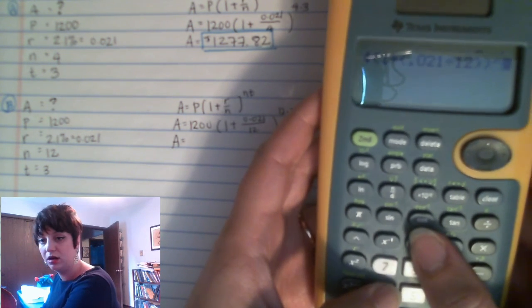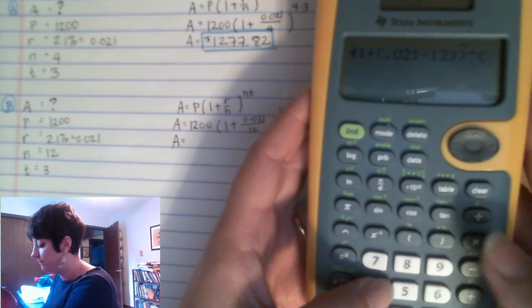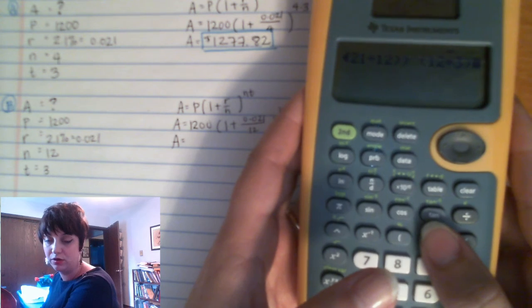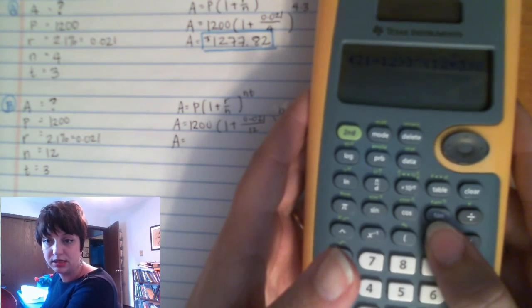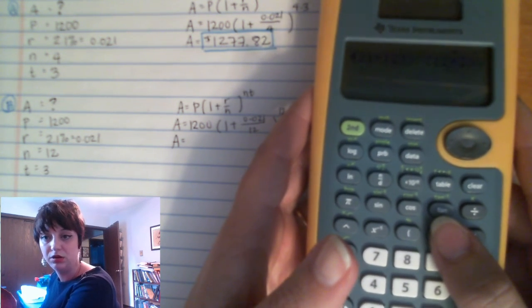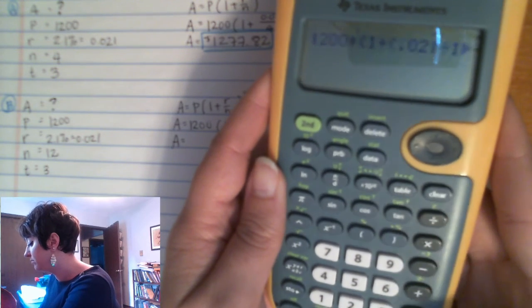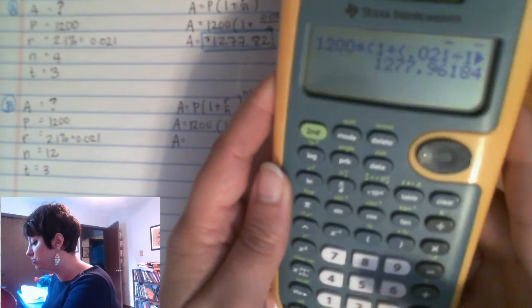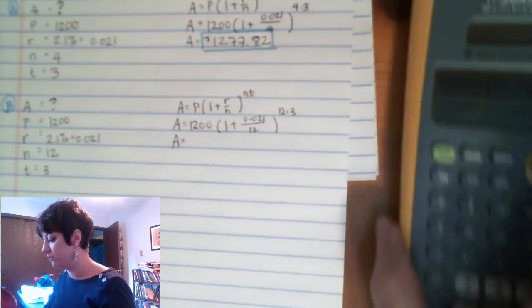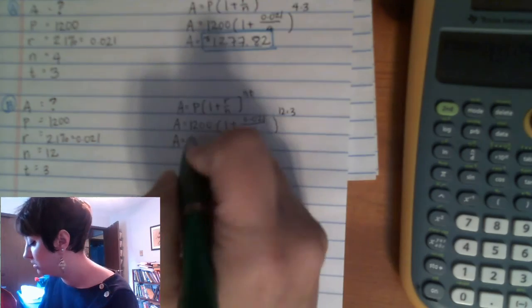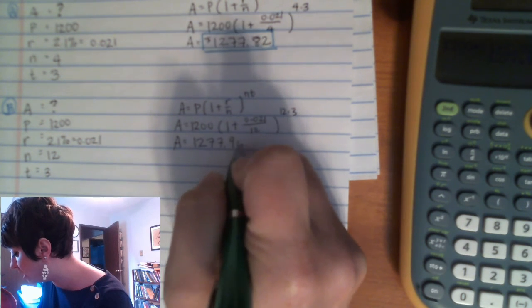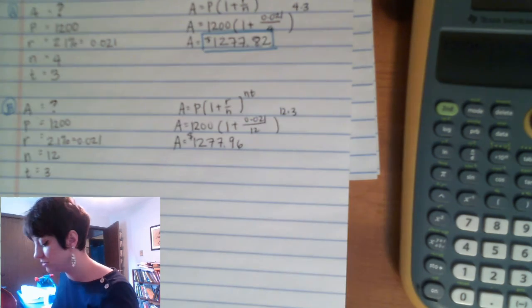Raised to the 12 times 3 power. Now 12 times 3 is 36, so you could just as easily type in raised to the 36th power. All right, so we get 1277.96. So she's made an extra 14 cents or whatever. So $1,277.96.